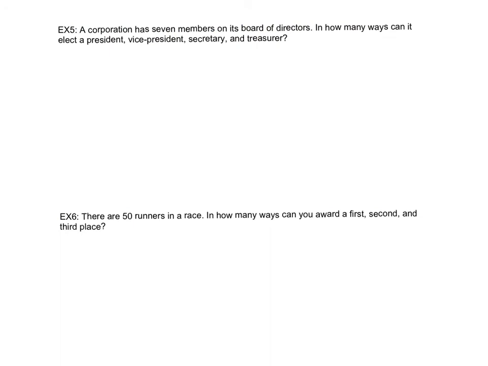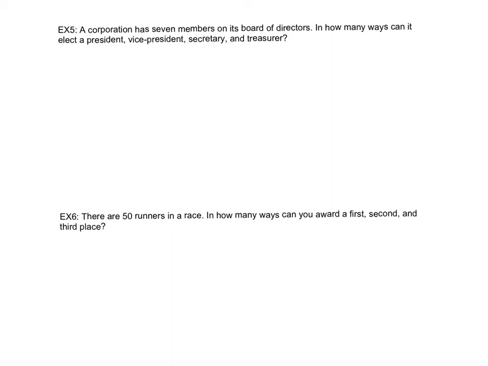In example 5, we're going to use this permutation formula. Let's say we have a corporation with 7 members. So my group is these 7 members of the board of directors. How many ways can we elect a president, a vice president, a secretary, and a treasurer? Now here, this is a permutation. We have one group, our board of directors, with 7 members.